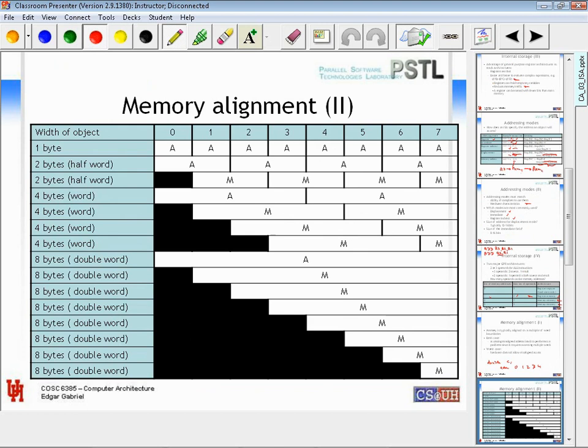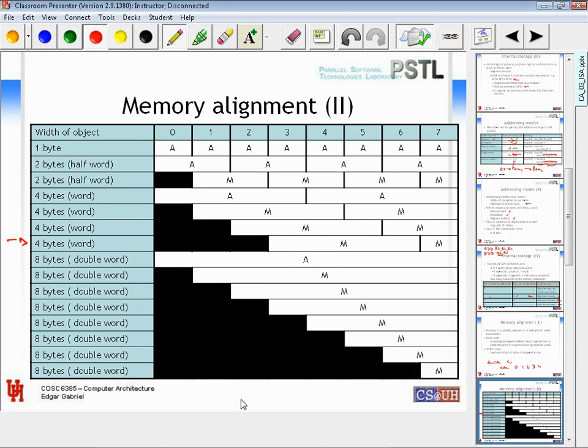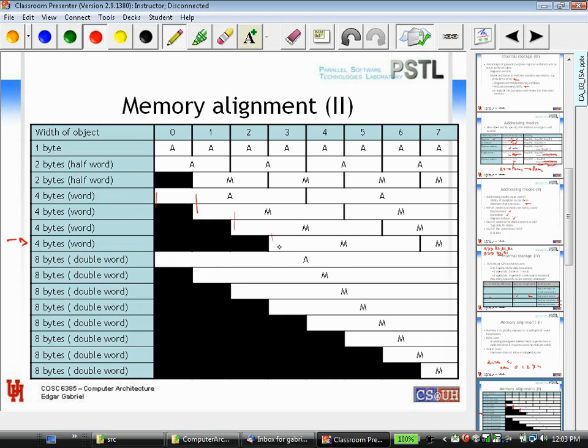What we have here is basically, if you look at this line and you have a 4 byte word such as an integer value, you can start the 4 byte word at the element 0. You cannot start it at the element 1 because this would be a misaligned word. You cannot start it at the element 2 or at the element 3.